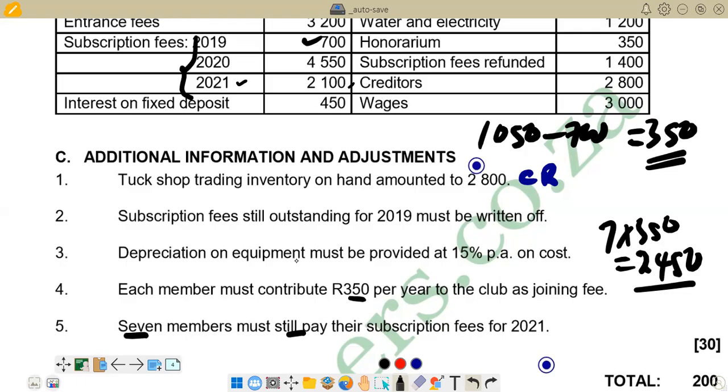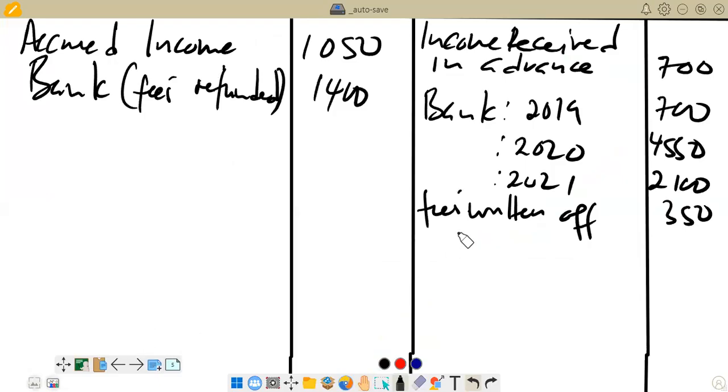Then after making those entries, we can now balance off. And obviously, the balance that we are going to get, we're going to transfer it to the income and expenditure. We are not going to have any balance CD or BD. So we just summarize what we have. Remember, we said we have an accrued income on the credit side.